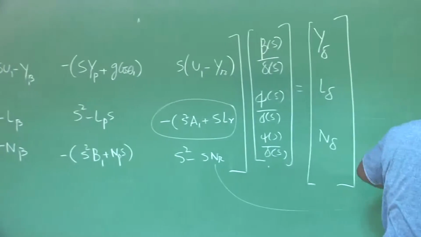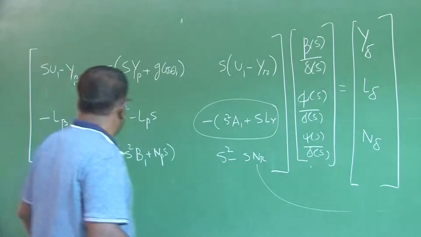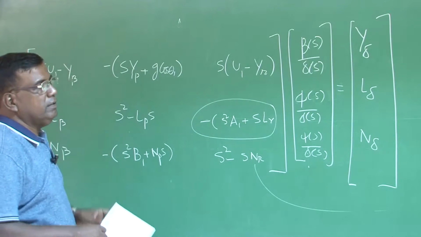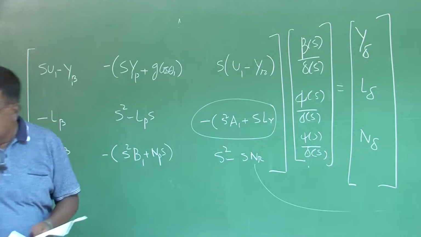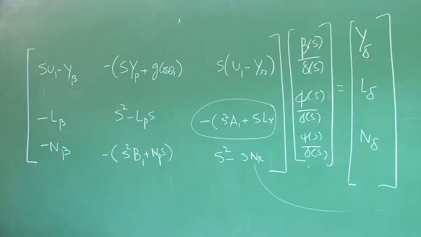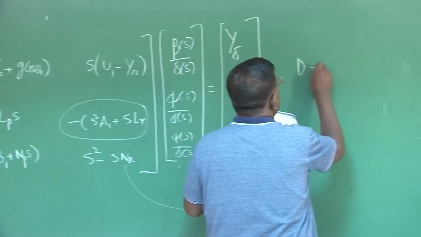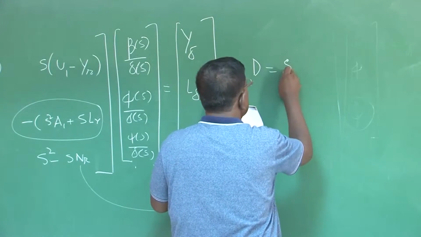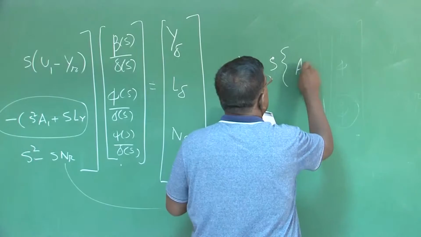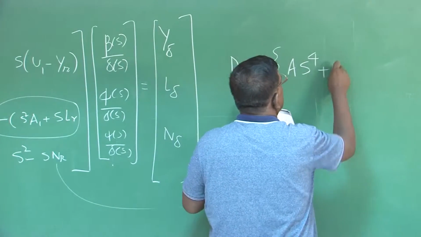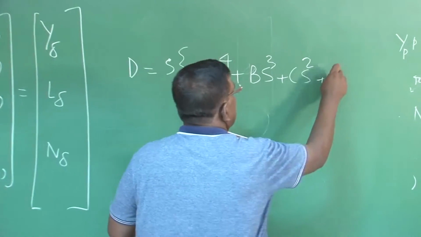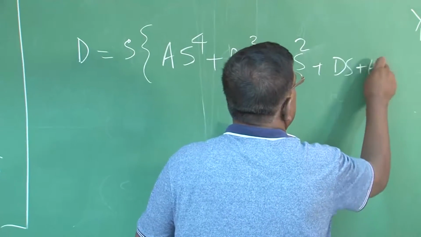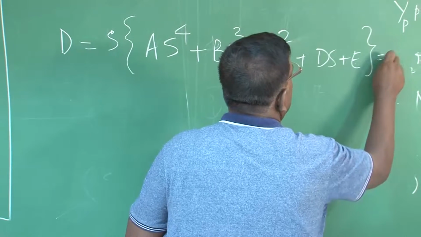Now, if I try to write the determinant of this matrix equal to 0 to get the characteristic equation, what I get is as simple as S into A s to the power 4 plus B s cube plus C s square plus D s plus E equal to 0.